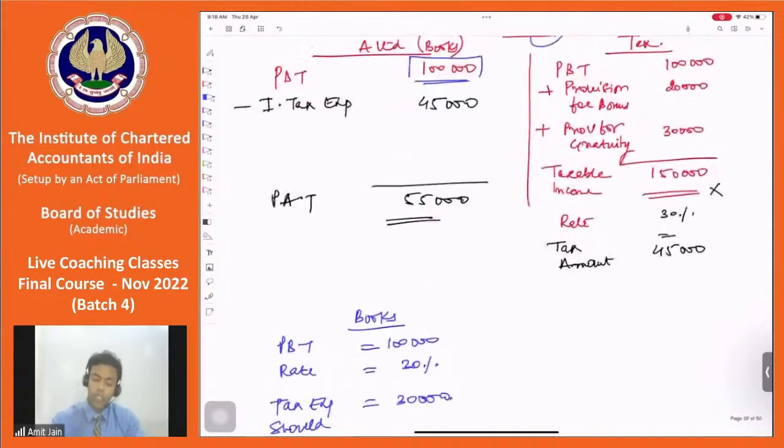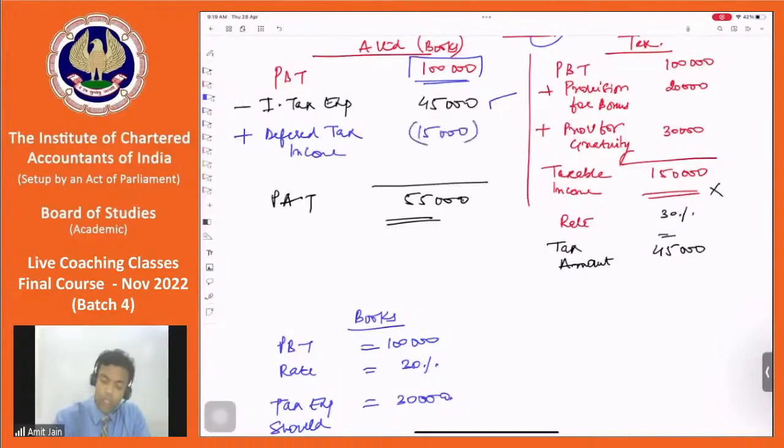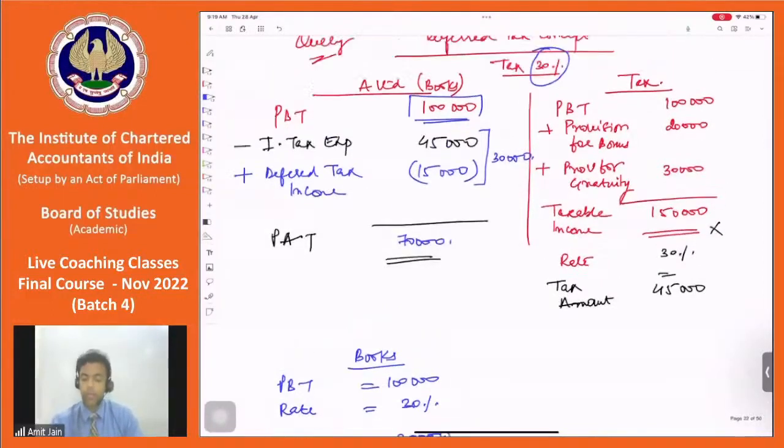But what is the amount which I am booking here? 45,000 rupees. Thereby, I will book a deferred tax income to the extent of 15,000 rupees, so that my net tax expense will be 30,000 rupees and my profit will be 70,000 rupees. So that means the tax rate on book profit will be 30%.